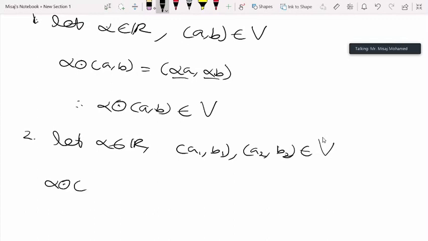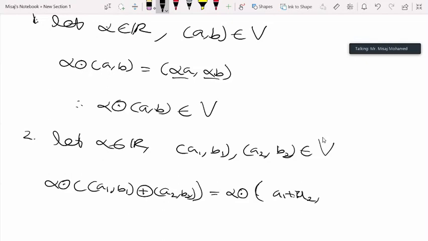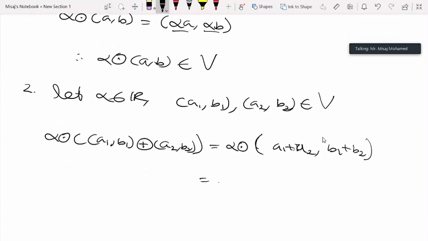Alpha dot ((A1, B1) plus (A2, B2)). What will be the addition here? (A1 plus A2, B1 plus B2). Now if I have to multiply inside, alpha times (A1 plus A2), alpha times (B1 plus B2).